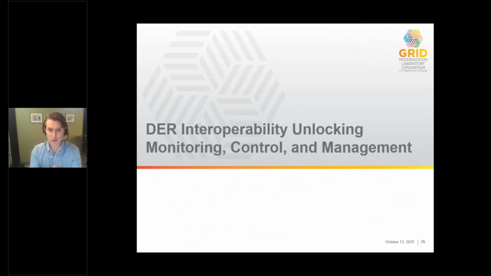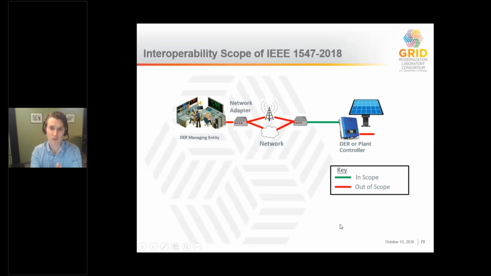Now, transitioning into interoperability, monitoring, control, management. Next slide, please. What's in scope of IEEE 1547 and is going to be defined is really this interface between the DER and the system. Everything upstream is out of scope. The network, what's going on in the backend system, that's all out of scope.